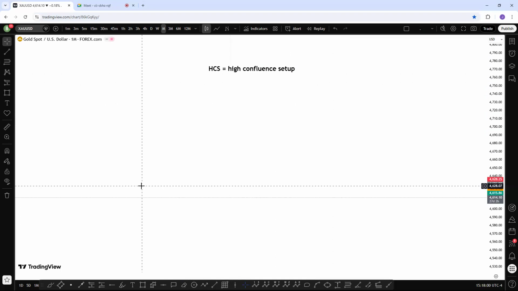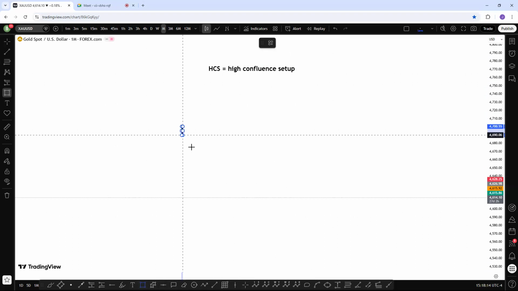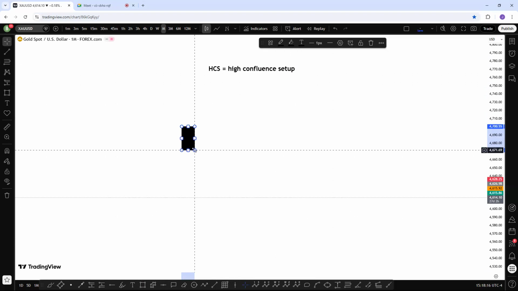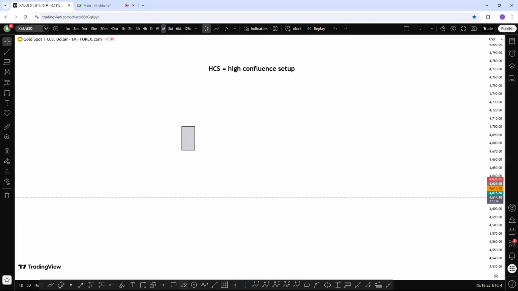This happens when you have more than one manipulation forming in the same zone. It forms in different variations. I'm starting with the basic one. Assume you have a bullish candle around here, and then another bearish candle around here.